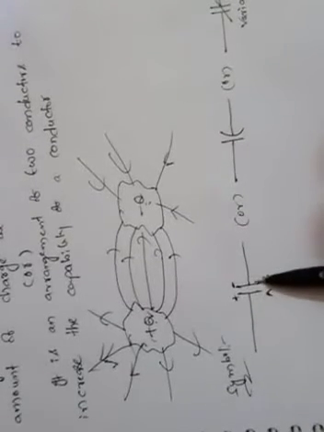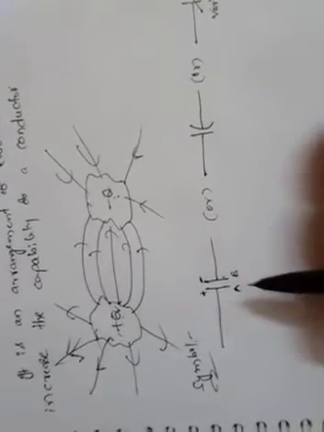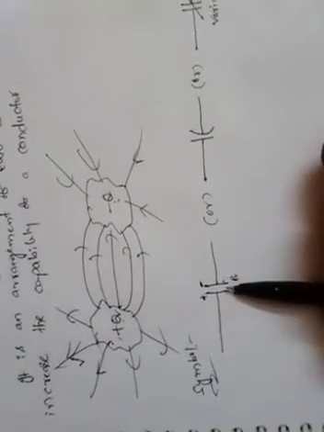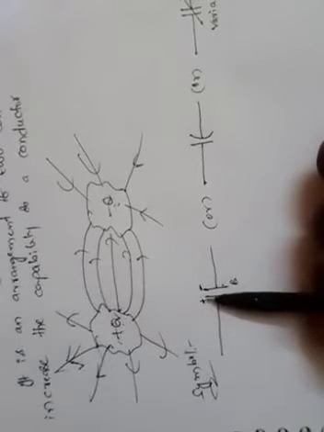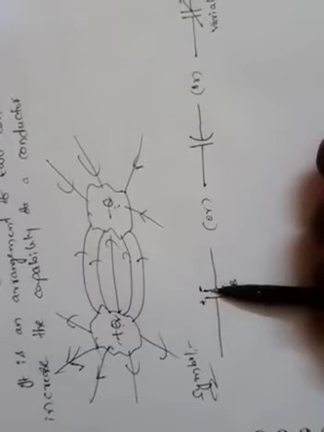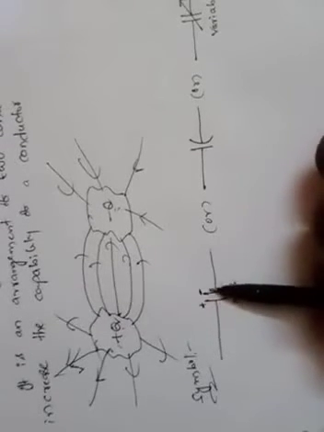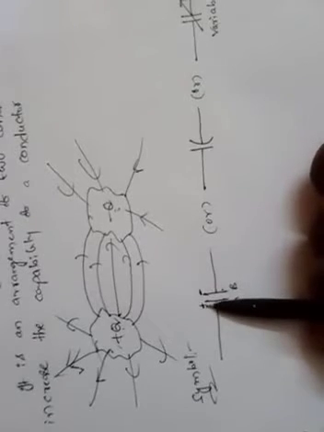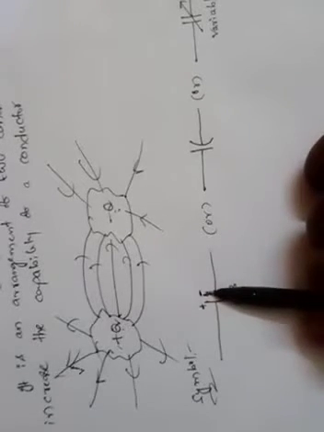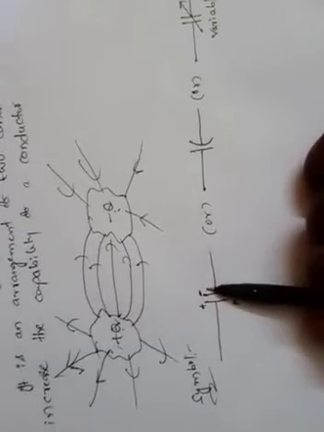This important point we have to keep in mind. When one plate is given a positive charge, the same magnitude of charge of opposite sign should be given to the other plate or conductor. Suppose it is plus q, this one must be minus q.